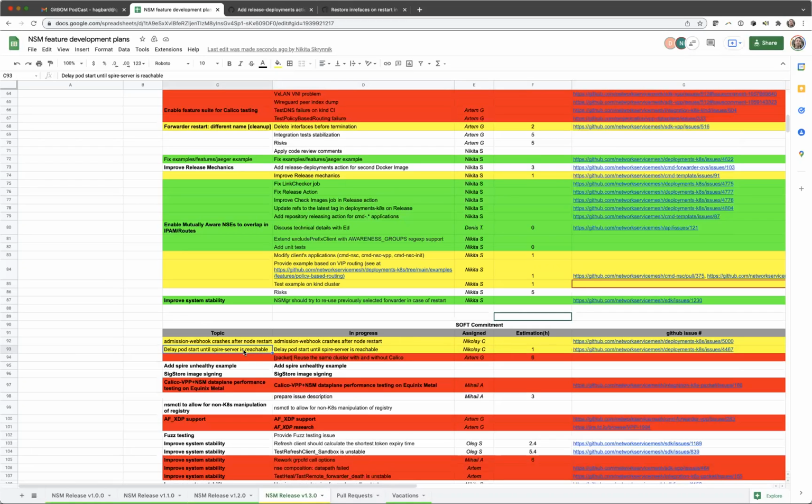As for this, I actually have a concern because there is a PR for that issue, which only adds some properties for the readiness probe, but that is not what the issue actually says, because it says delay pod start.